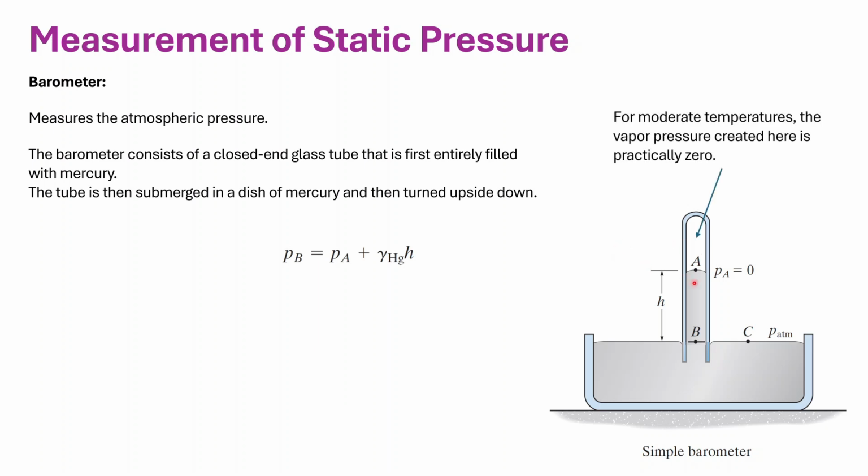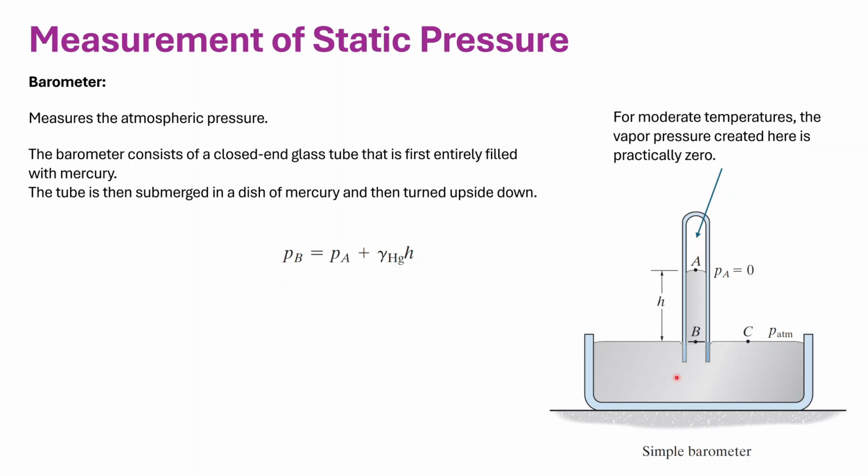So if we analyze the pressure inside this tube, P at B, which is the pressure at point B, is equal to the pressure caused by this column of mercury plus the pressure above it, which we can consider as zero, because for moderate temperatures, the vapor pressure created here is practically zero.